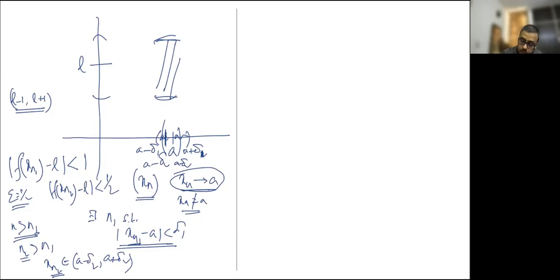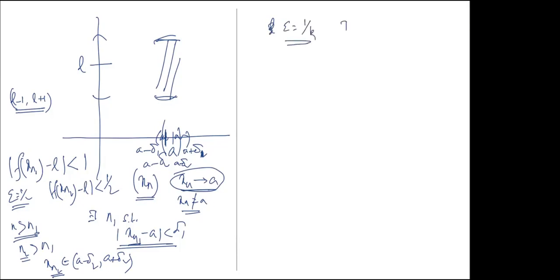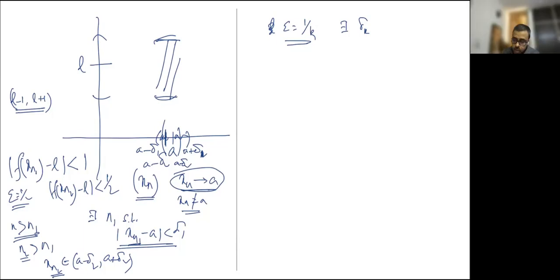At the kth stage, you will have corresponding to epsilon equal to 1 over k. Yeah. So sir, what is guaranteeing that a minus delta 2 and a plus delta 2 would be contained within a minus delta 1 and a plus delta 1?